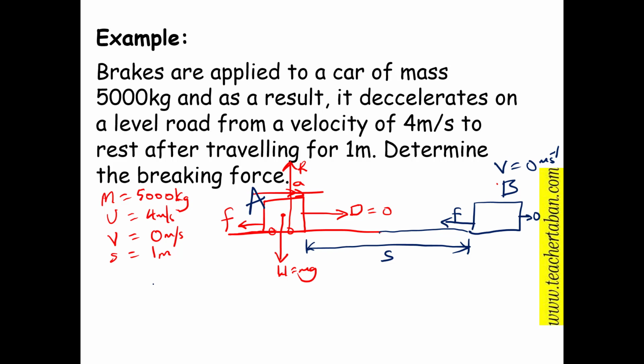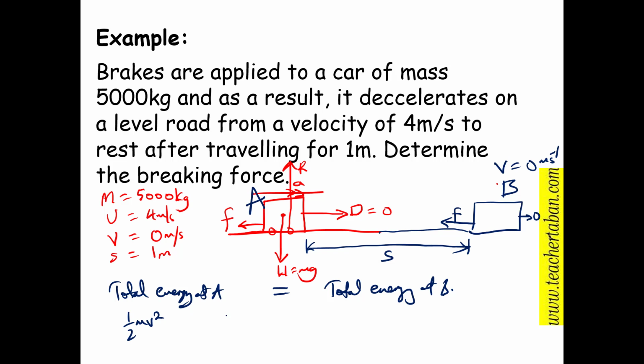Now, the work energy theorem says that total energy at A must be equal to total energy at B. At A, we have only kinetic energy, which is a half mv squared. And at B, we also have 0 kinetic energy. Let me use u here for the initial velocity.